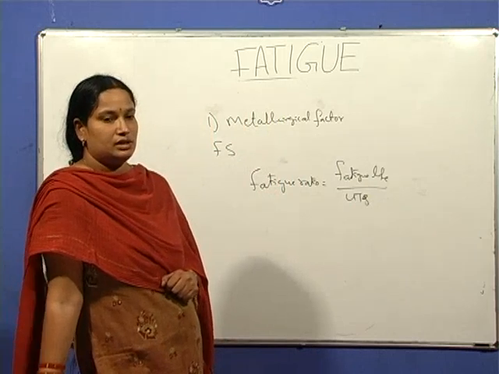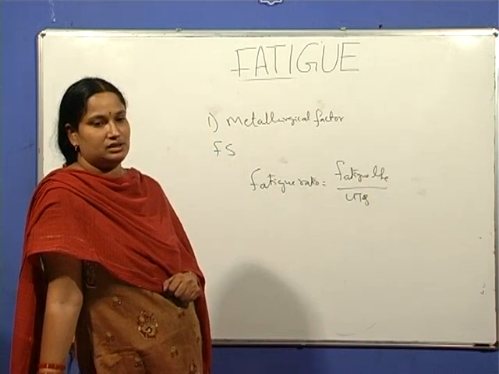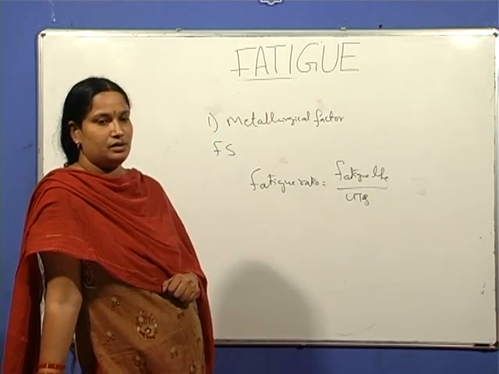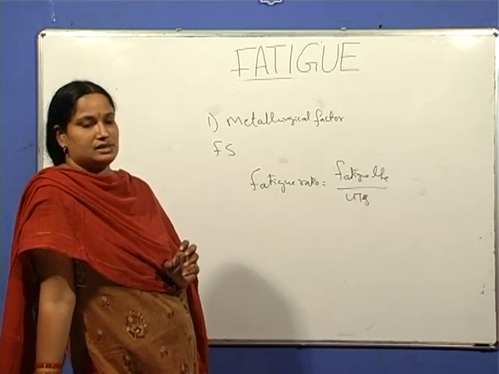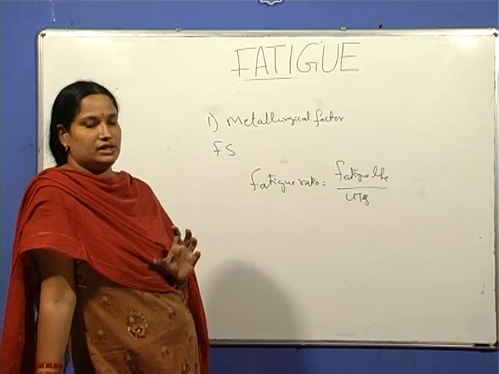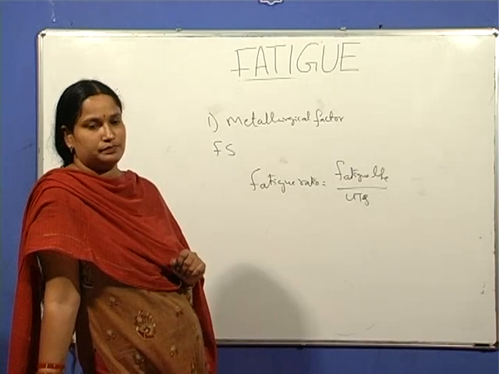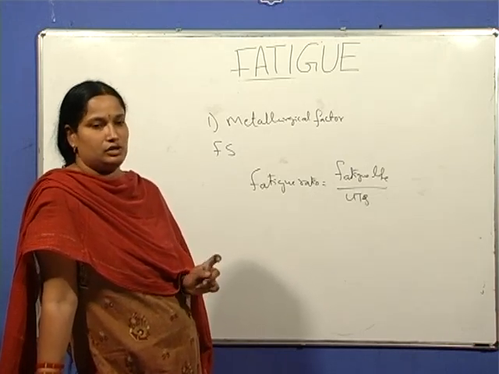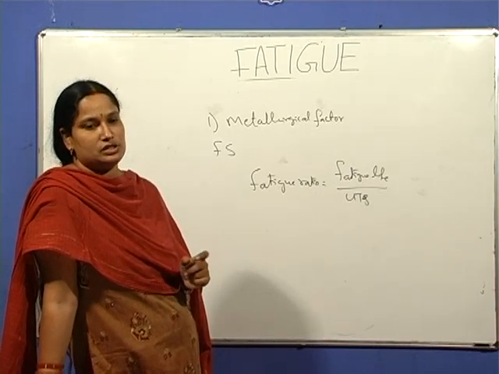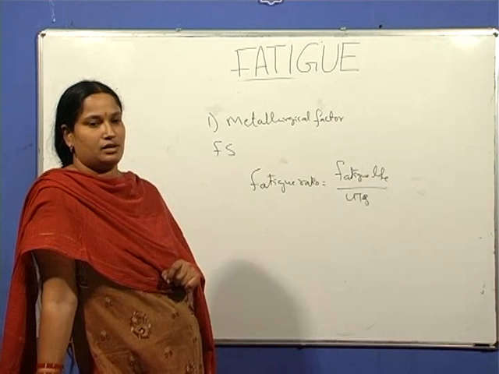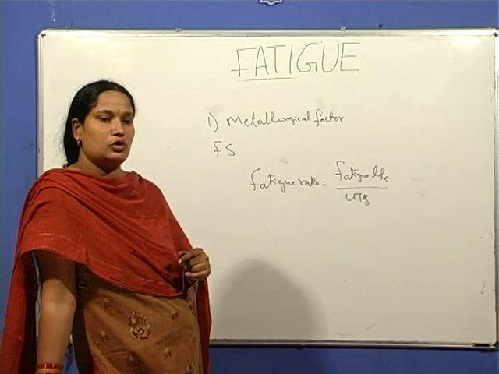So fatigue strength is about 50% of the ultimate tensile strength for the case of steels, but this is only an approximation, as well as this is only for specimens which are very smooth, which do not contain any notches, and which are tested at zero mean stress. When the conditions vary, the same approximation does not hold.